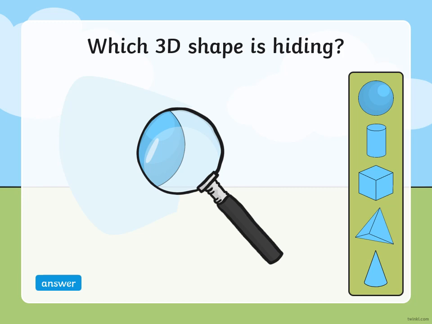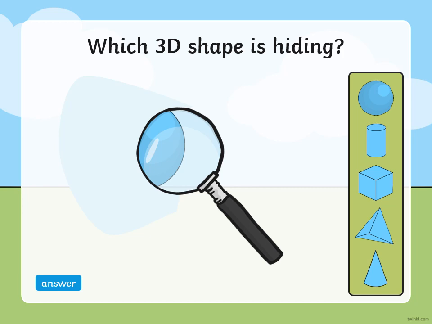Okay, so let's have a look through the looking glass and see what we can see. Straight away, we can see a curved shape. I wonder if we can see any curved shapes as we look at our panel over here. Which shape do you think it might be?